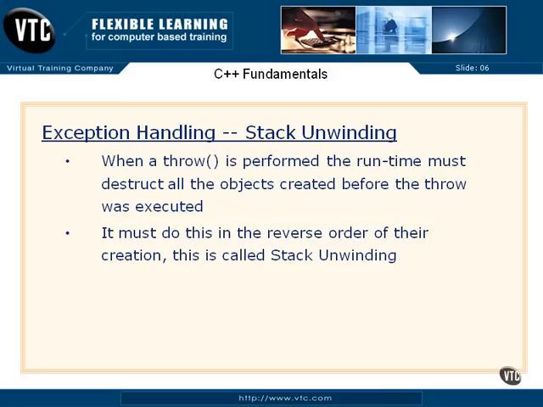There is also a terminate function that can be called if we try to catch an exception that we have not taken care of. We have not set up a catch for the particular kind of exception, so we can go and do a terminate. So let me show you some code here.